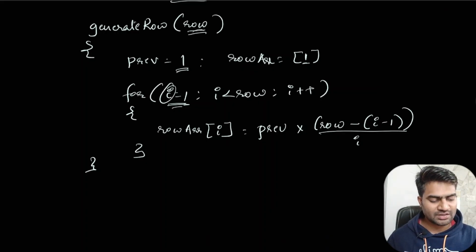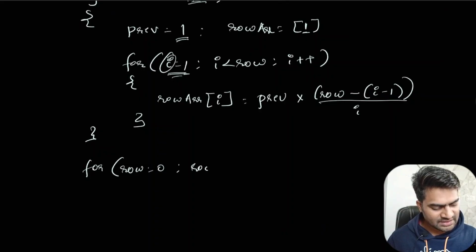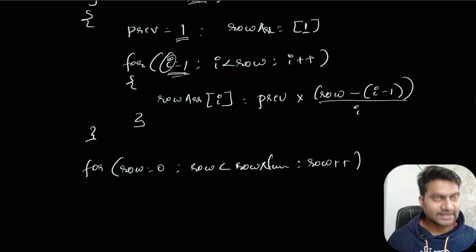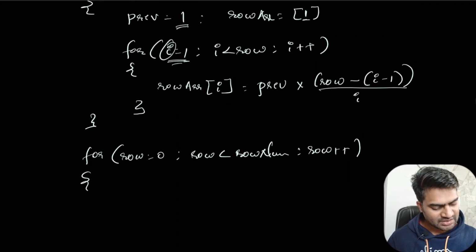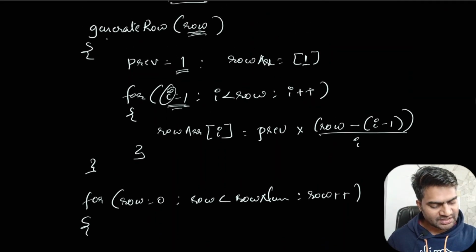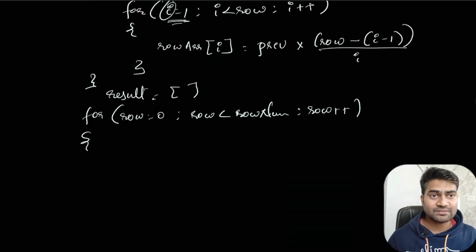If I know the row number, then how to generate n rows? Basically I will have to call this n times, correct? For row equal to 0, row less than row numbers, and row plus plus, then I will simply call this generate row method here. This is my result array, which is empty.